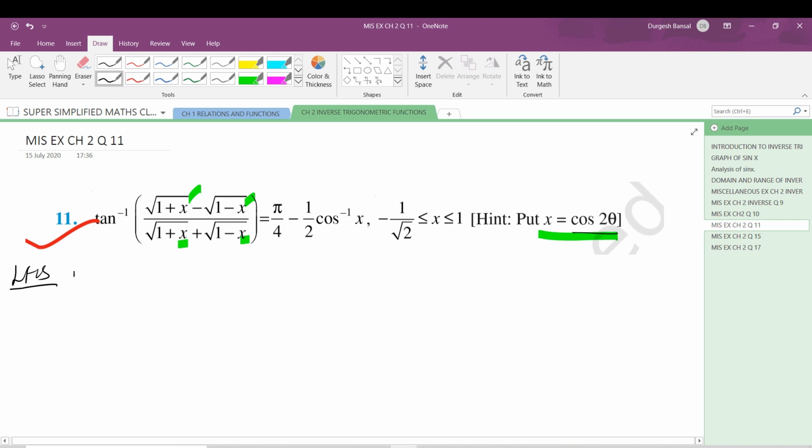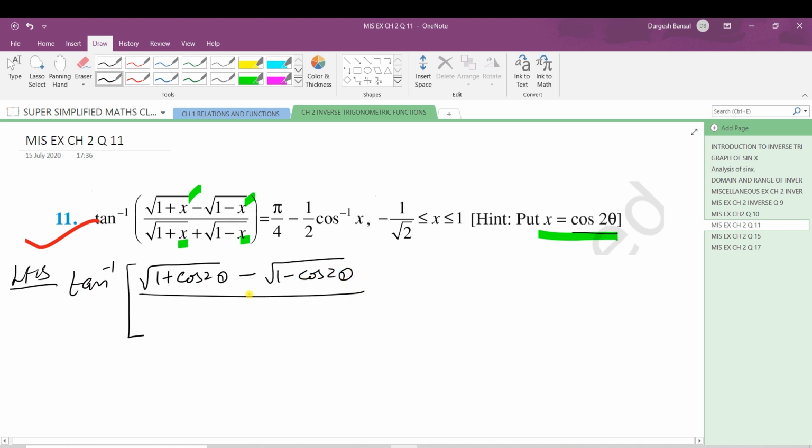So what do I get? I get 1 plus cos 2 theta, 1 minus cos 2 theta, again 1 plus cos 2 theta plus 1 minus cos 2 theta. Now students, you have to recall your trigonometry of class 11.